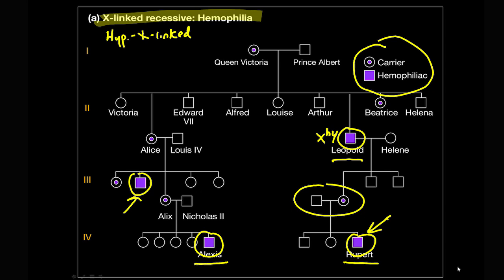Now, what this means is, if Leopold had a daughter, remember, males always give their X chromosome to their daughter, and he did have one daughter, so here she is. We know she has to have at least that. Now, since she's a carrier, she also has to have one big H. It's lucky we could see she's a carrier here.